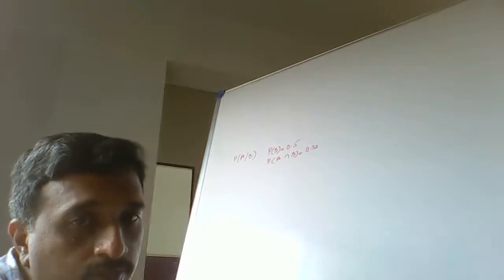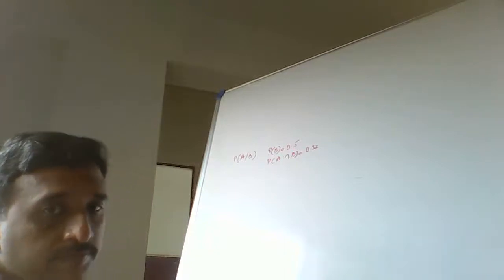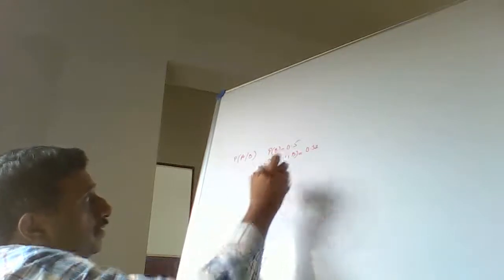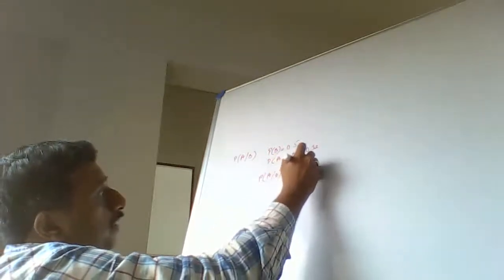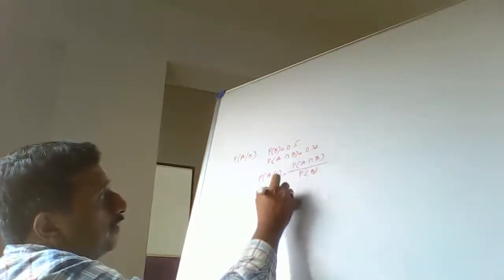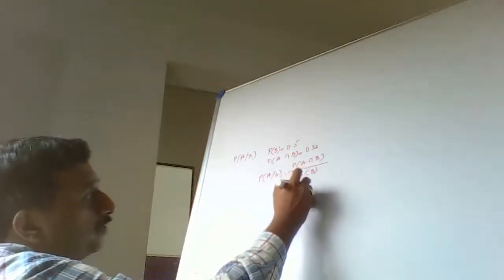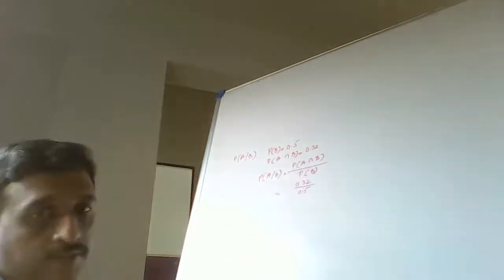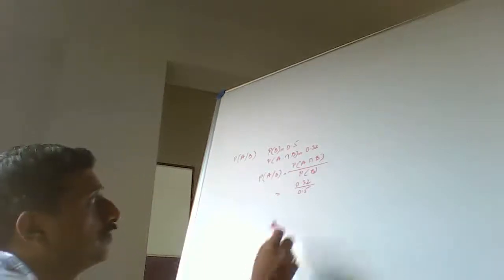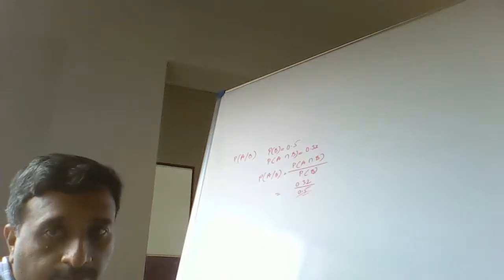So P of A given B, given B, is P of A intersection B divided by P of B. Okay, so A intersection B is 0.32 and this is 0.5. So this will be the solution of the given problem. Okay, fine.